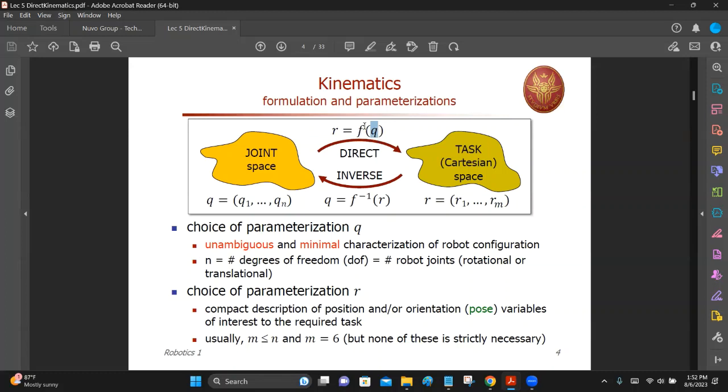F is a functional, right? Functional means not just a function, it's a collection of functions. You can write it down like F1, F2, F3, F4, like that. And R is your Cartesian space. Okay. So how do you define your Cartesian space? Maybe it's the X coordinate, Y coordinate, Z coordinate, and orientation.